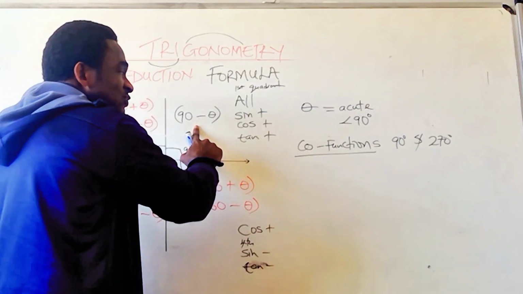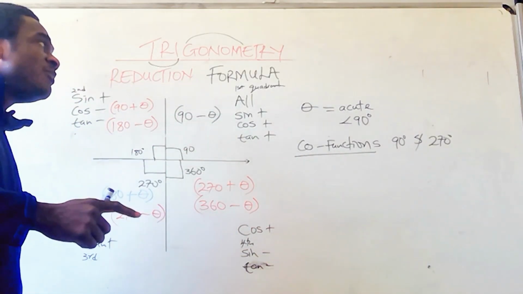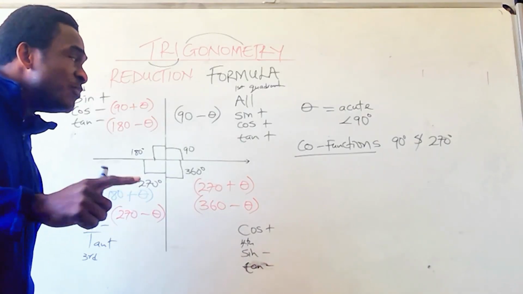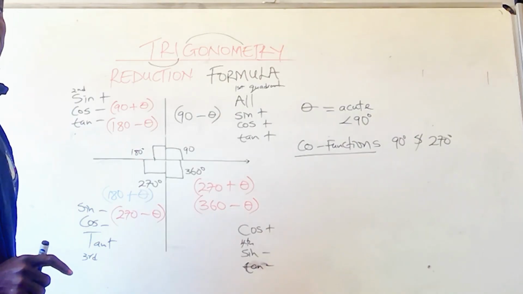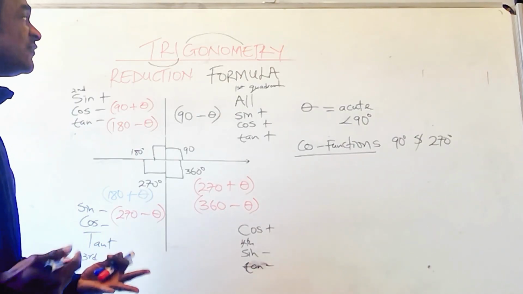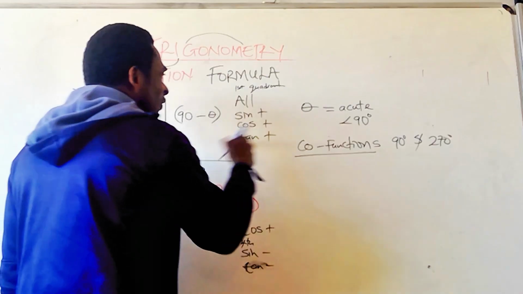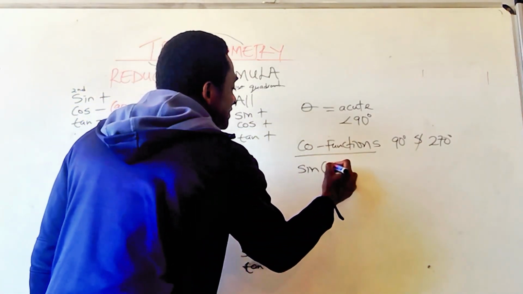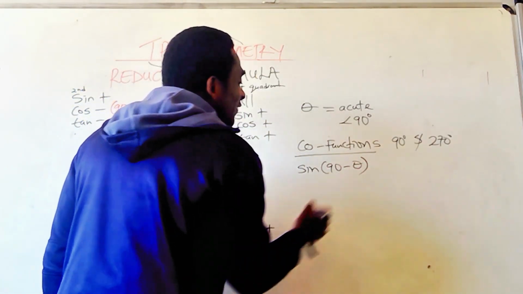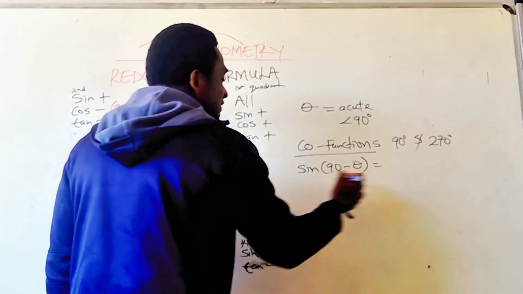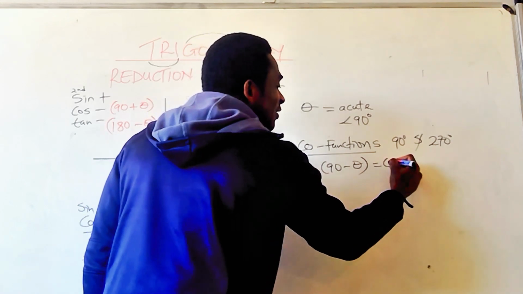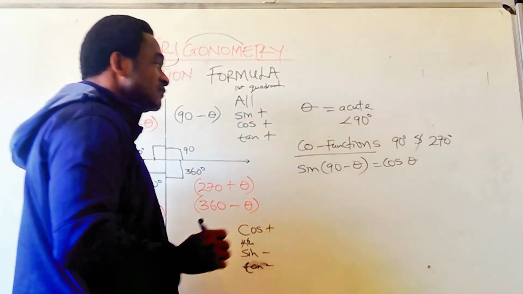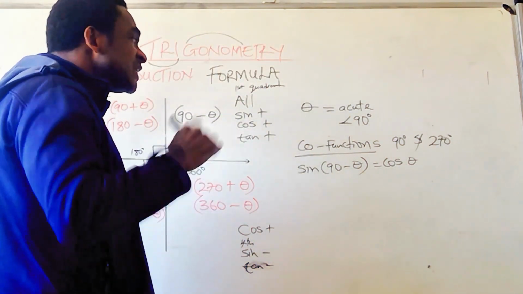For cofunctions, we'll explain more details later when we go into solving the problems proper. But for now, let's give the foundation. Now for sine of 90 minus theta, since it is a cofunction and they are all positive, it takes the sign of the original. The cofunction will become cos of theta. Let's take an example.